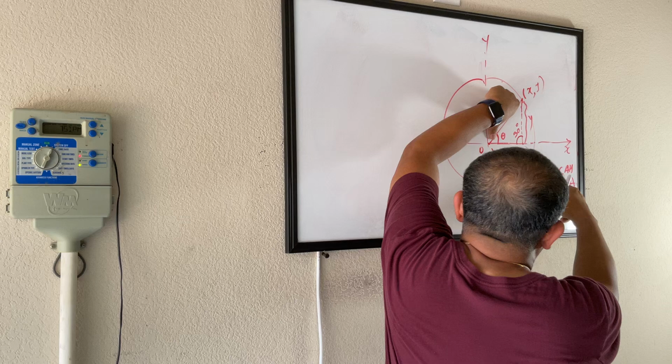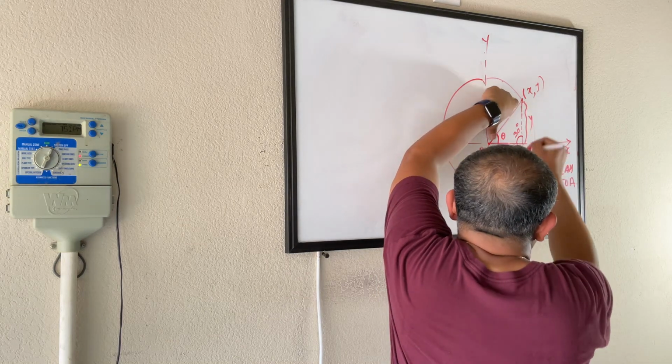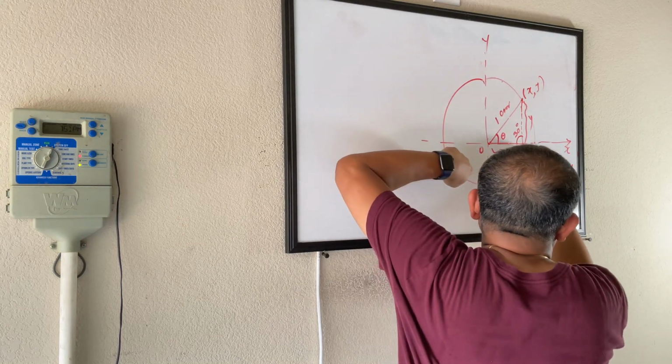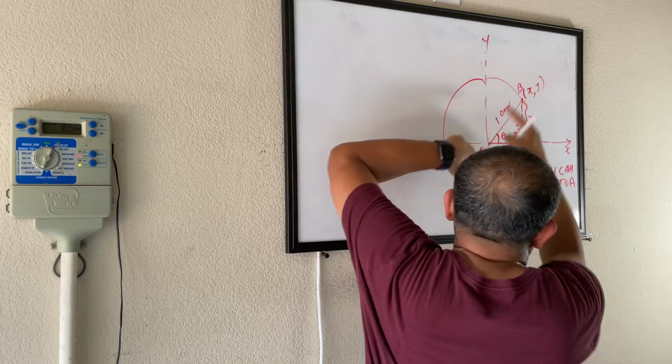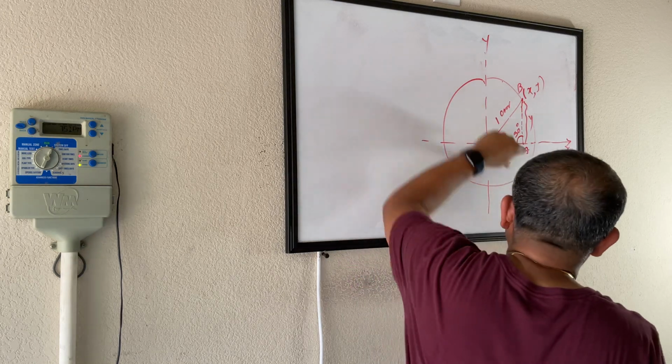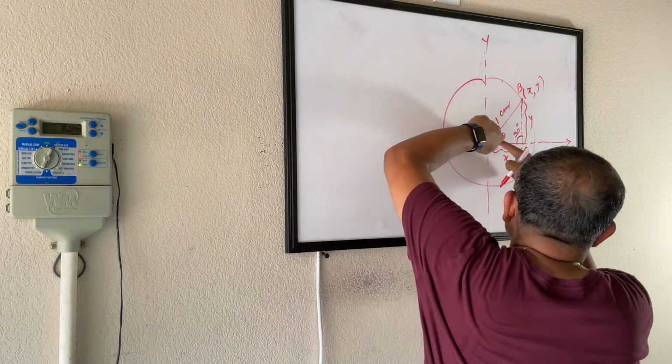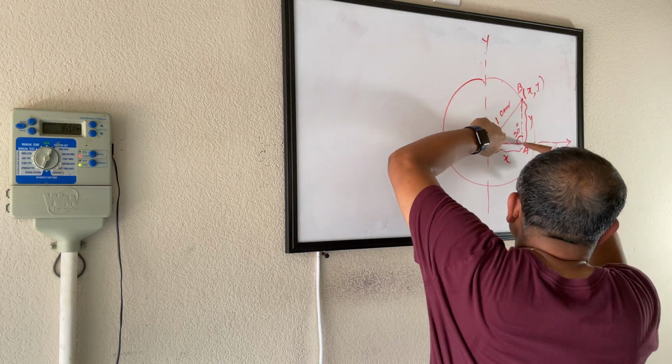This is my hypotenuse, right? If you look at this right angle triangle, let's say O, this is A and this is B. In right angle triangle OAB, sine theta will be this height by hypotenuse.